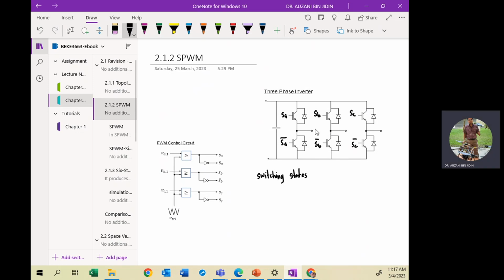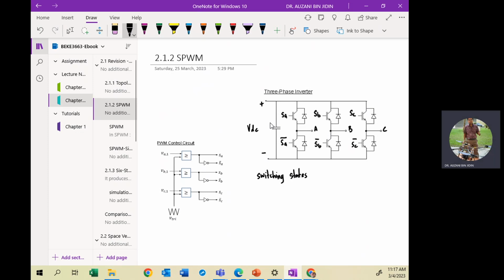Okay, so remember these are the output terminals A, B, C, connected to the 3-phase load. Then you have the input terminals, plus and minus. Then you put the DC voltage across these 2 terminals.